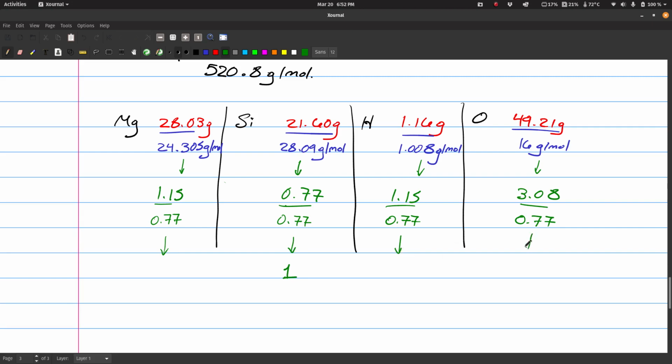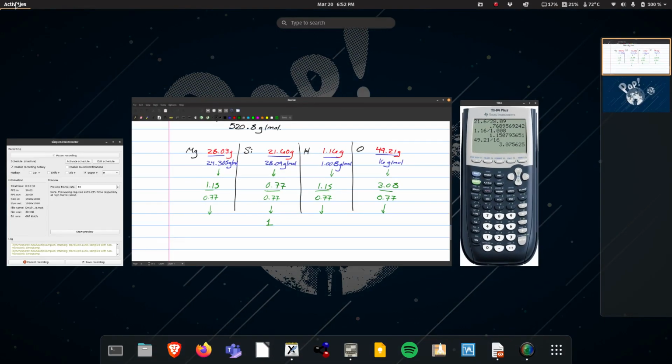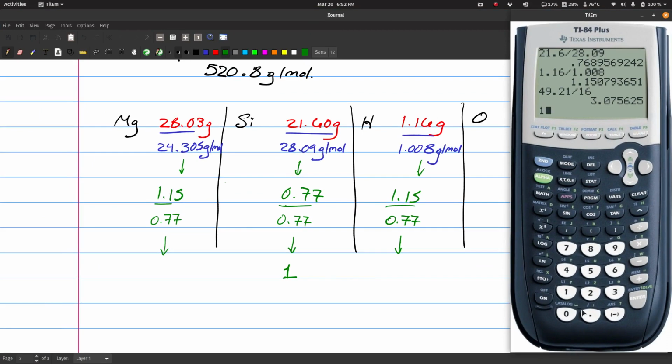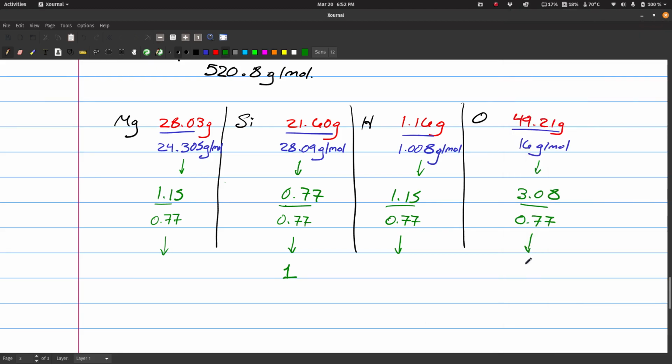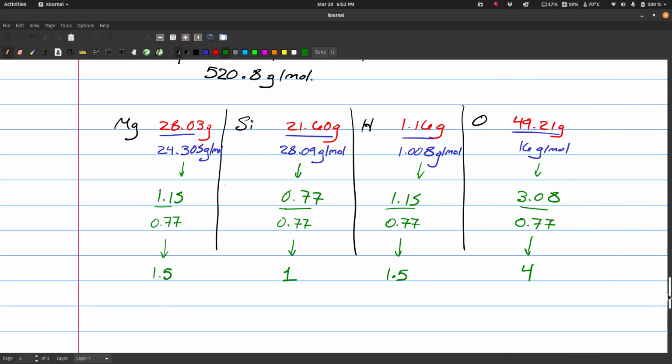Those look like they're about 2, but I don't know off the top of my head. Actually, they're a little less than 2. So we have 1.15 divided by 0.77. Yeah, it's about 1.5. And then we have 3.08 divided by 0.77. That's the only other one I've got to do. Oh, that's 4 exactly. Cool. So 4, this is 1.5, 1.5.